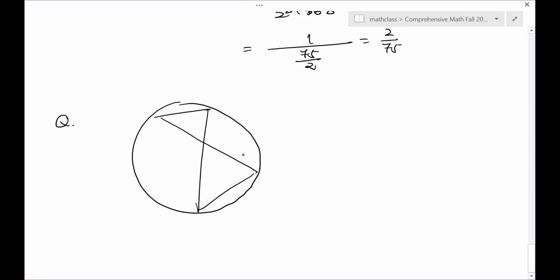At the very beginning, this is A, C, P, B. A, B, C, D, right?